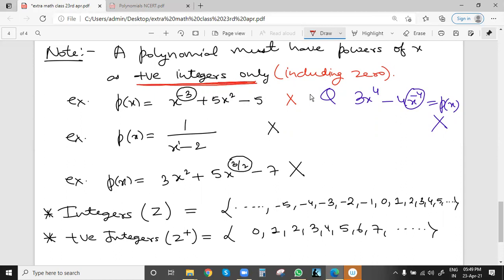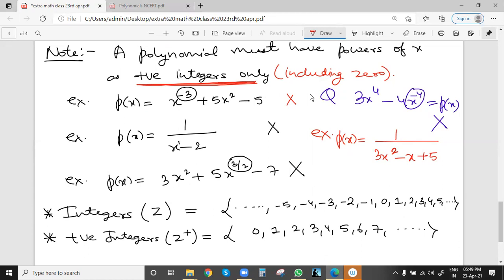See, one more example. Suppose we have a polynomial p(x) in terms of x, like 1 by 3x square minus x plus 5. Normally you would find the degree is 2 because of 3x square, but all the values are on the denominator side.